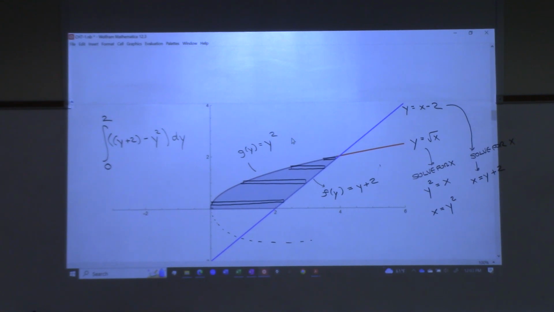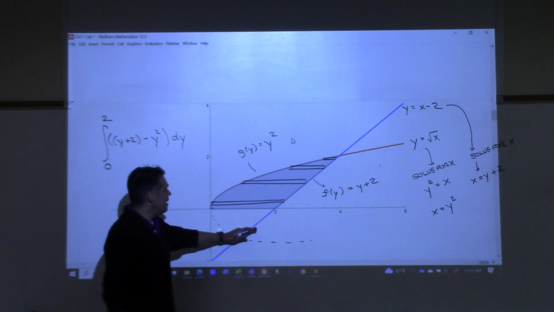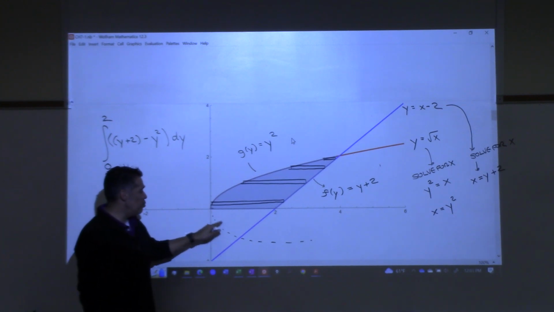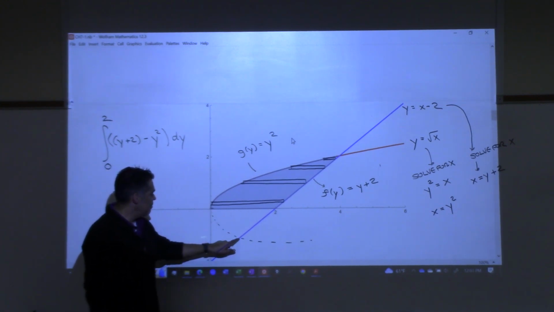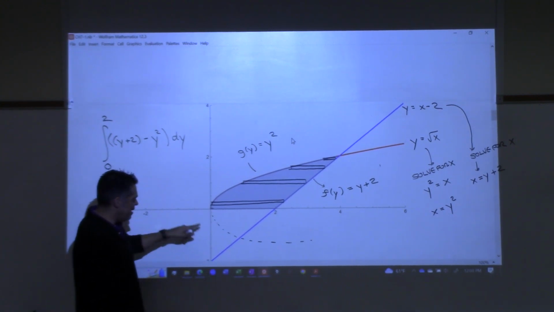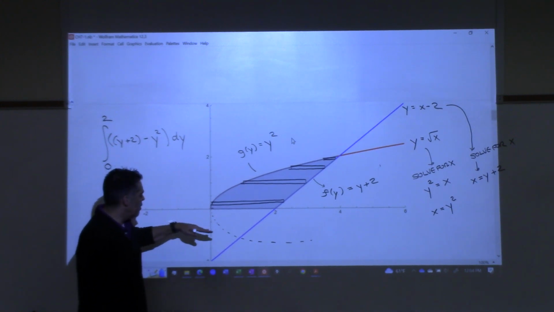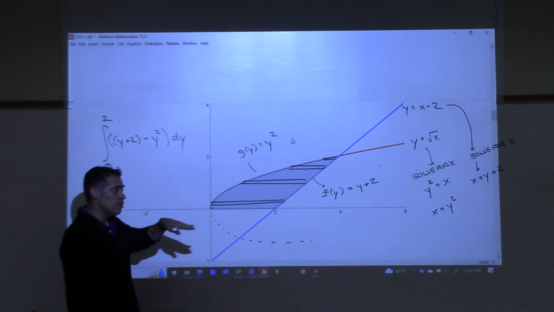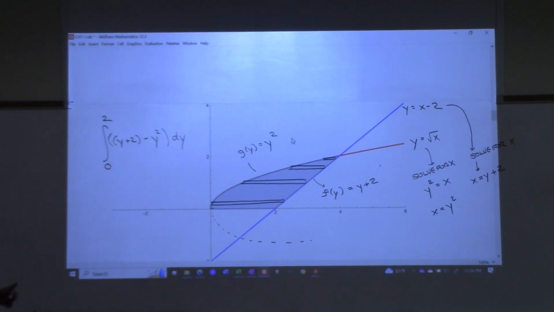When we do the math, how come we're not getting that space between that phantom parabola and that blue line? Because we understand we need to start at 0. If we actually did want this right here, then we would need to find that, which was -1, I believe. Then we would go from -1 up to 2, and that would give us all that, as long as we're doing horizontal rectangles.